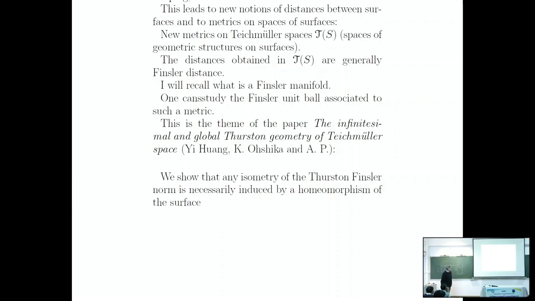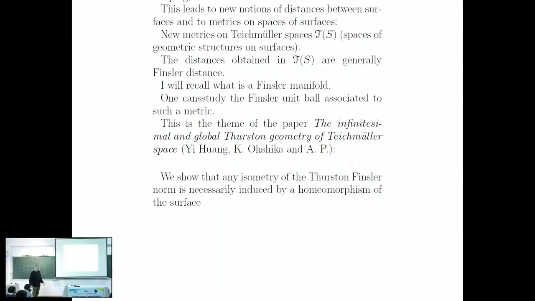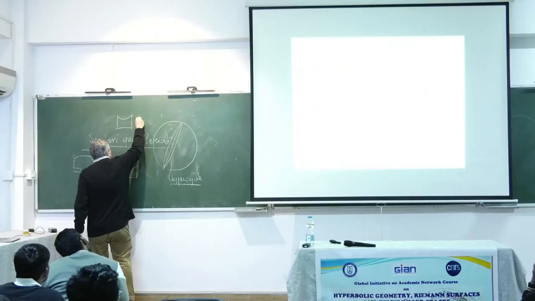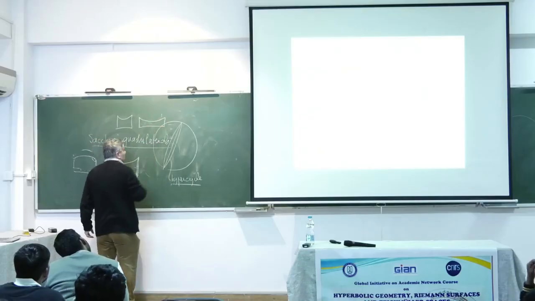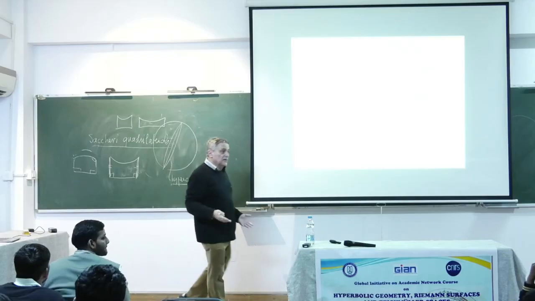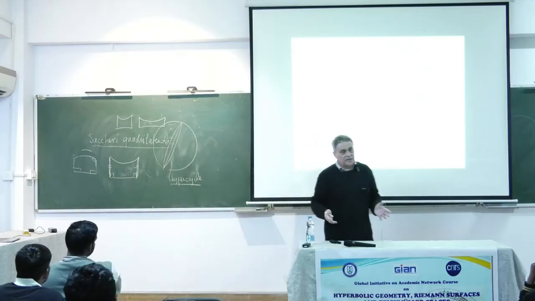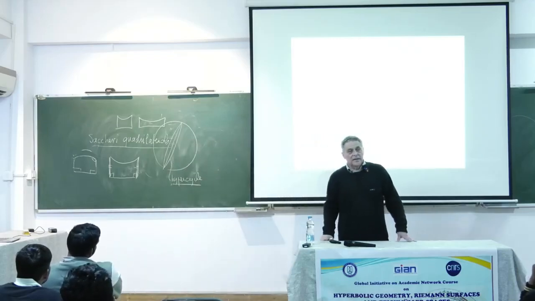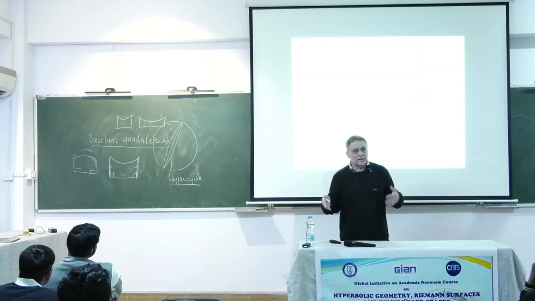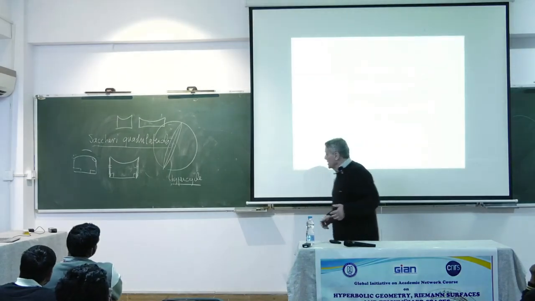All this theory leads to new definitions of distances between surfaces. When I can define a distance between two Zachary quadrilaterals, then I have a metric on the space of all Zachary quadrilaterals, and I can ask all the questions I know about metric spaces in this special case.